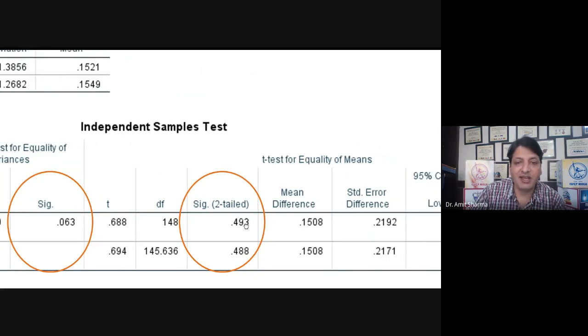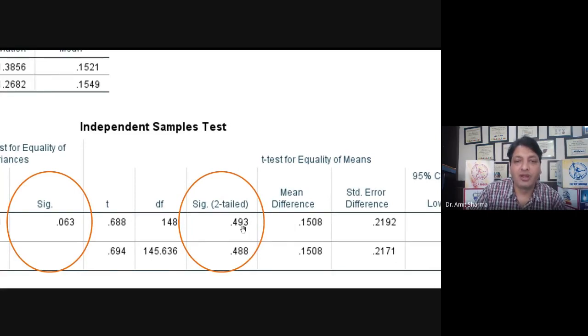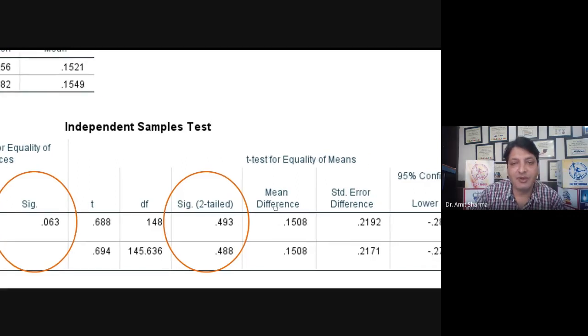So we can say that we are not able to reject the null hypothesis, and there is no difference in the mean of both the groups. Here we can also see the difference between both the groups, male and female, is 0.15, a very little difference in the mean. If the difference is bigger, we can find significant results.